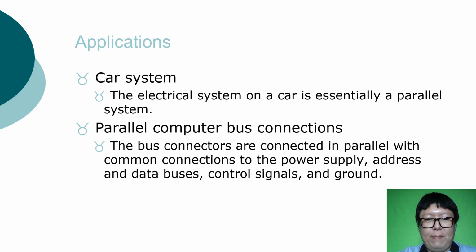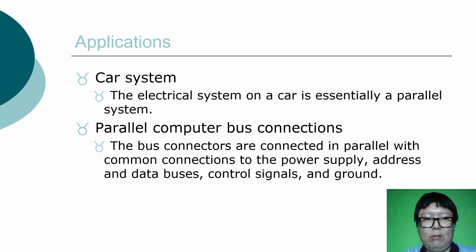Applications of parallel circuits are used in many devices that we use daily, such as our car. Most cars use the parallel system. That's why if one component is not working, it will not disturb the other components, because they have their own supply.